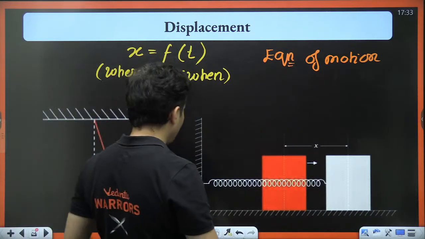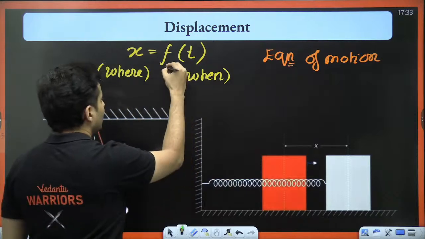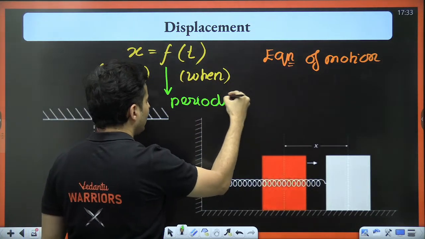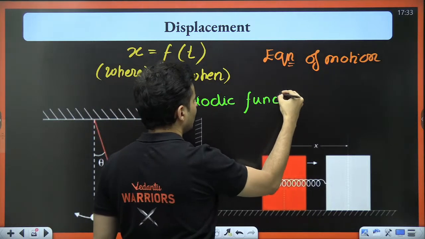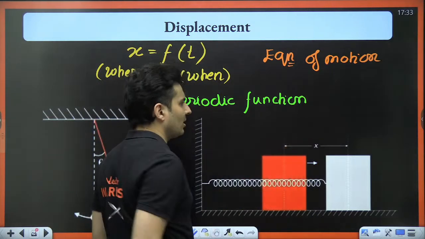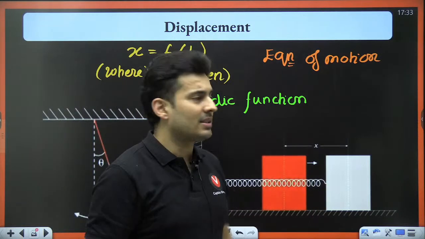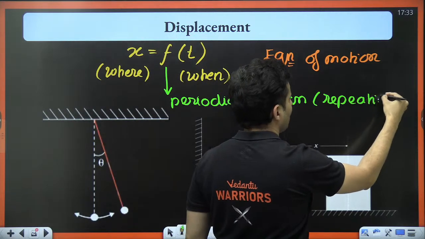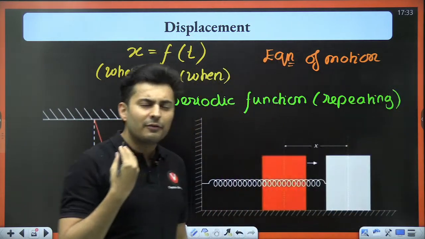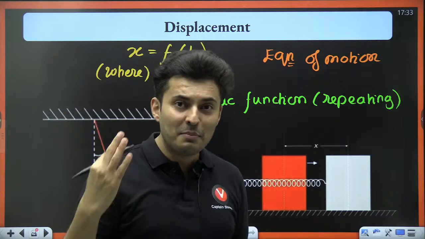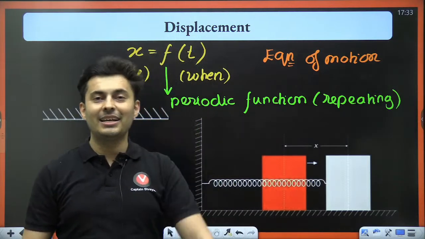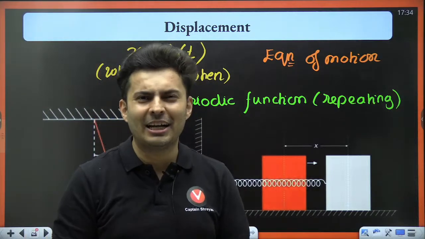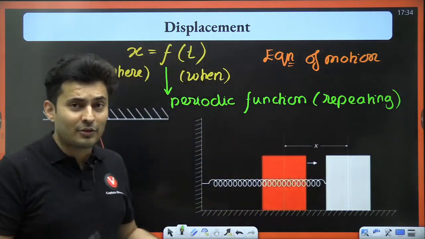This function, whatever I have put over here, has to be something called a periodic function. It will repeat itself. Periodic means a repeating function. Now there are only very few equations in mathematics and physics which repeat themselves. The best way to see which one is repeating and which one is not is to know the graphs of them.